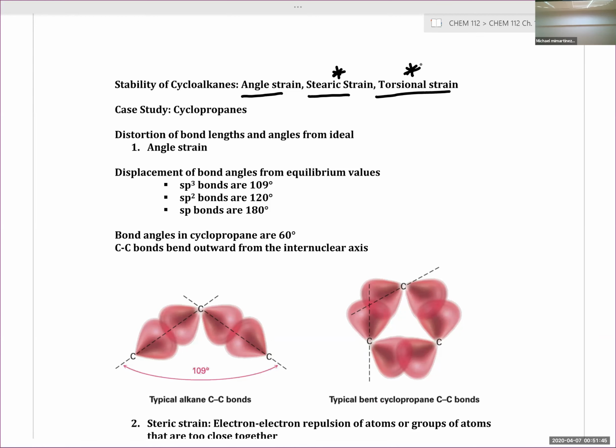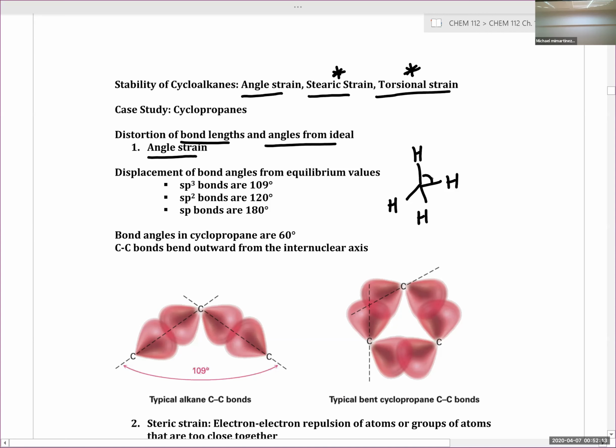Now, a new type of strain that's typically observed for cycloalkanes is called angle strain. And this is distortion of bond lengths and angles from our ideal bond angle. Now, let's just discuss really quickly. If we have a tetrahedral carbon, such as in methane, for example, what would be the ideal bond angle?